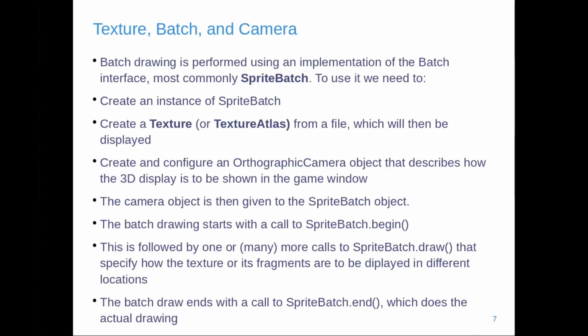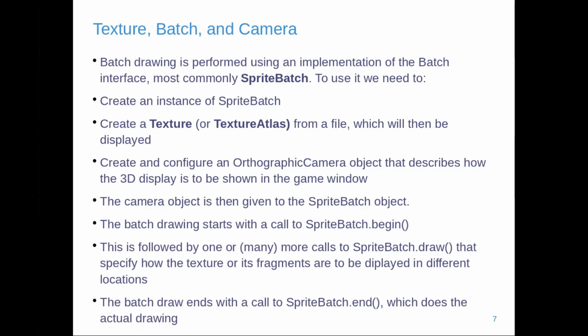When we want to draw something with LibGDX graphics, it uses the graphics card as the backend, which means that we need to take all the pictures we want to display, all the instructions of how we want to display them, and send them from the CPU into the graphics card. Let the graphics card do its job and receive back the picture which we display to the user. Because of that, drawing in LibGDX is done in batches.